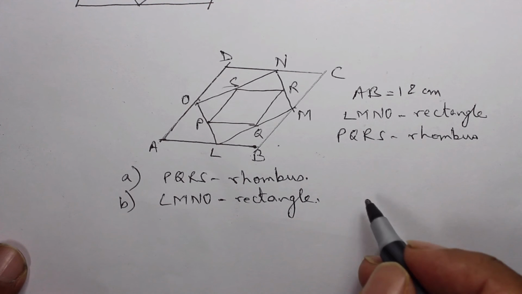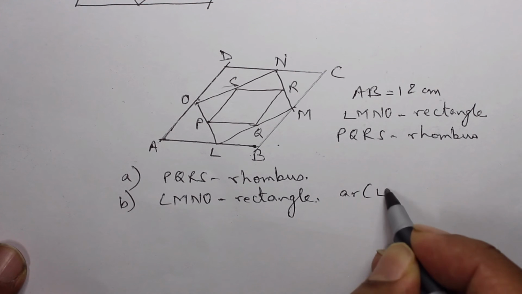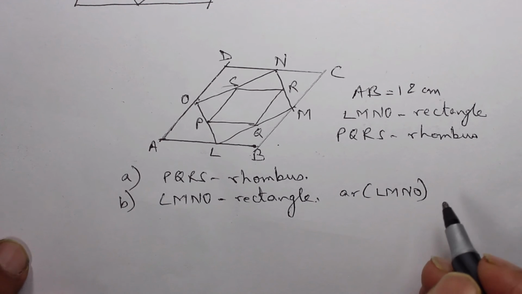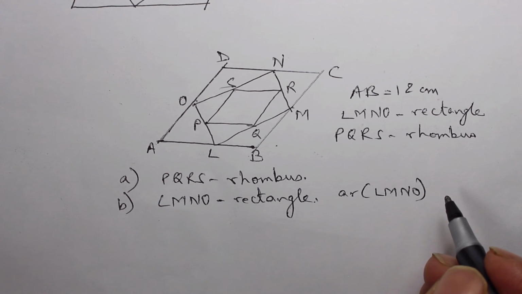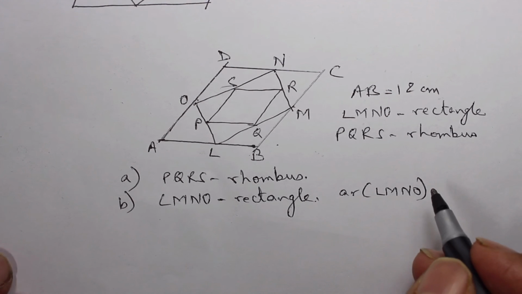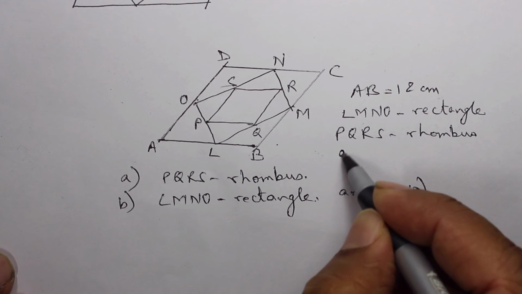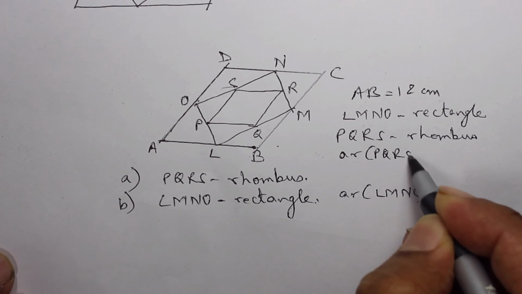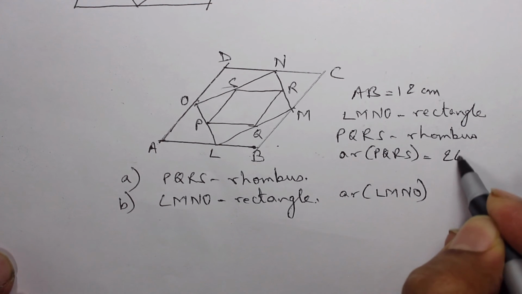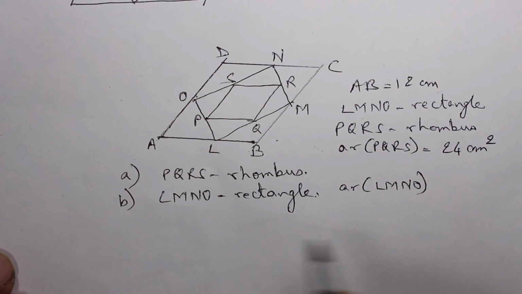And the next part is what's the area of LMNO? So we are also given, if you remember, that the area of PQRS is given as 24 centimeters square.